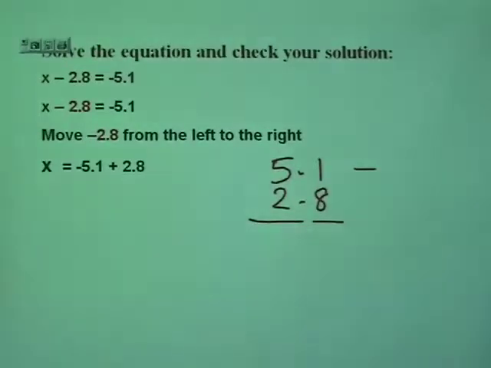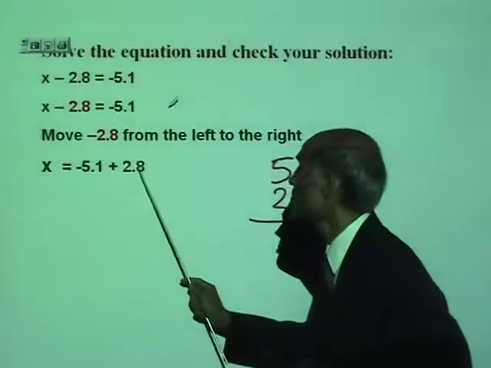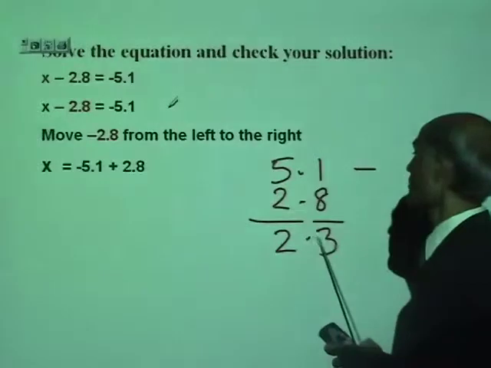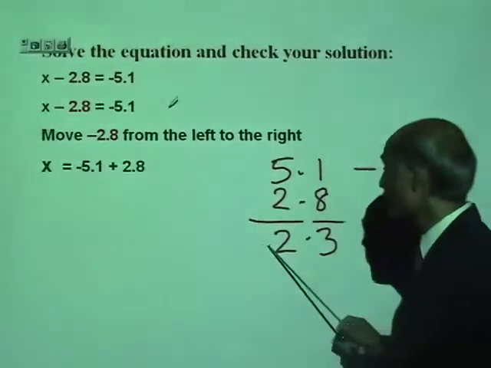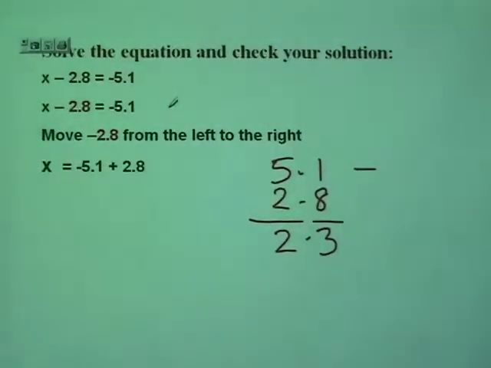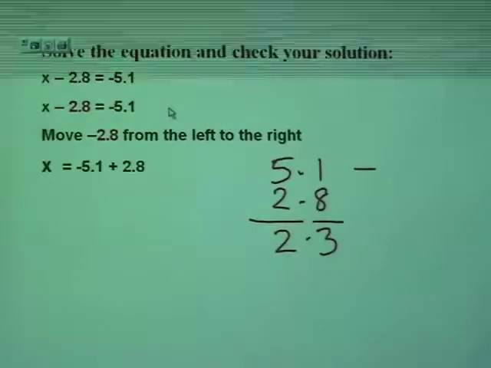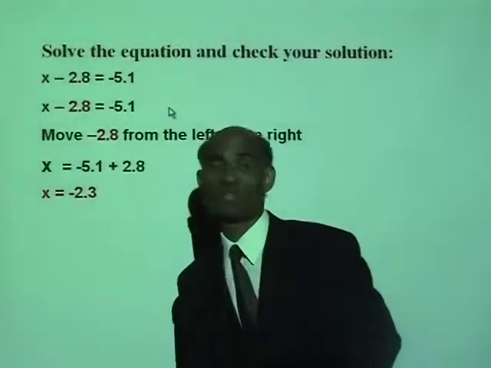That will be, borrow 1, 11 minus 8 is 3, and 4 minus 2 is 2. Now, that is 2.3. The difference between 5.1 and 2.8 is 2.3. And the bigger number is negative, therefore the result is negative 2.3. Is that right? Yes. So x equal to negative 2.3.